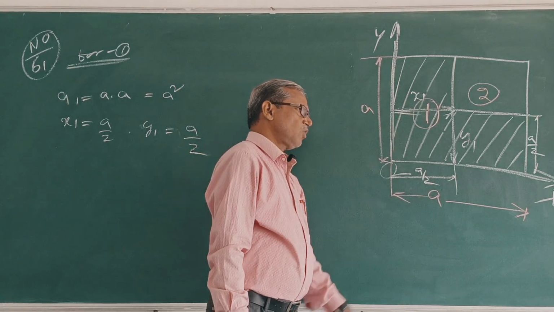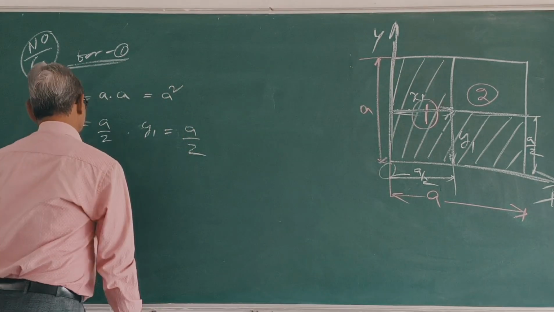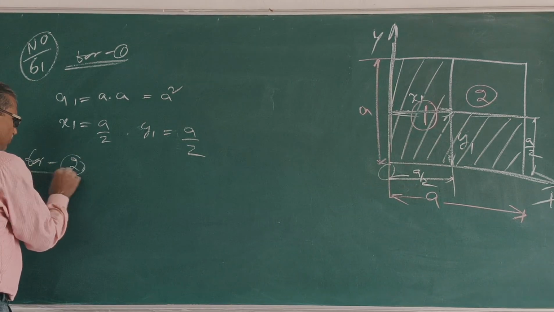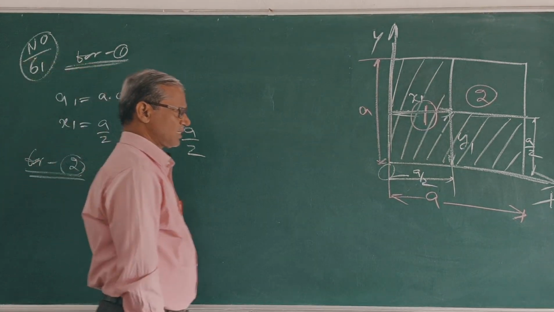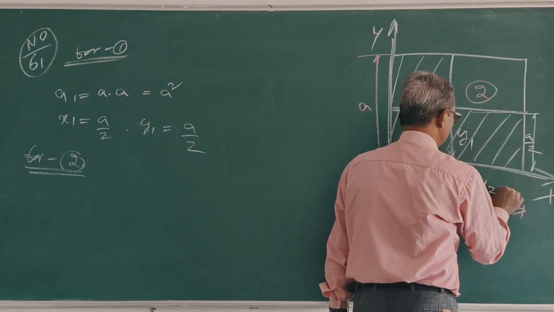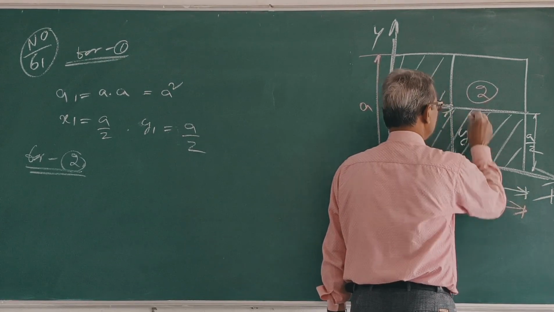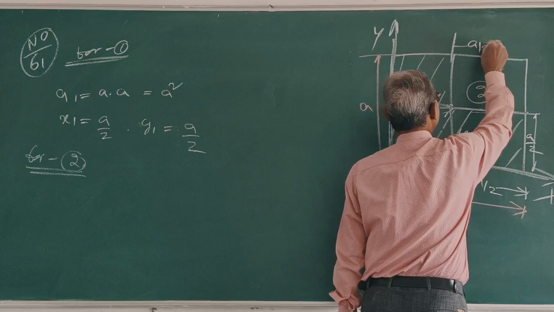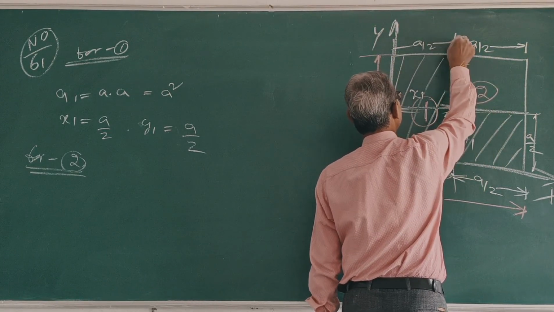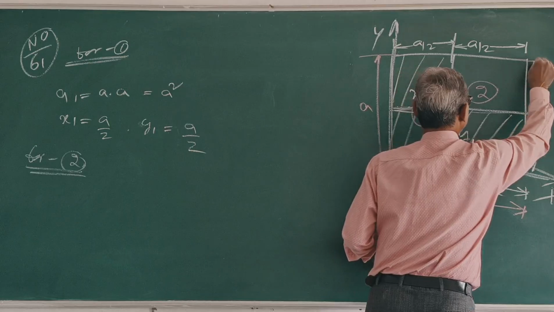Now for figure 2, or section 2. This is section 2. This side is a by 2, this is a by 2, a by 2, this is a by 2.